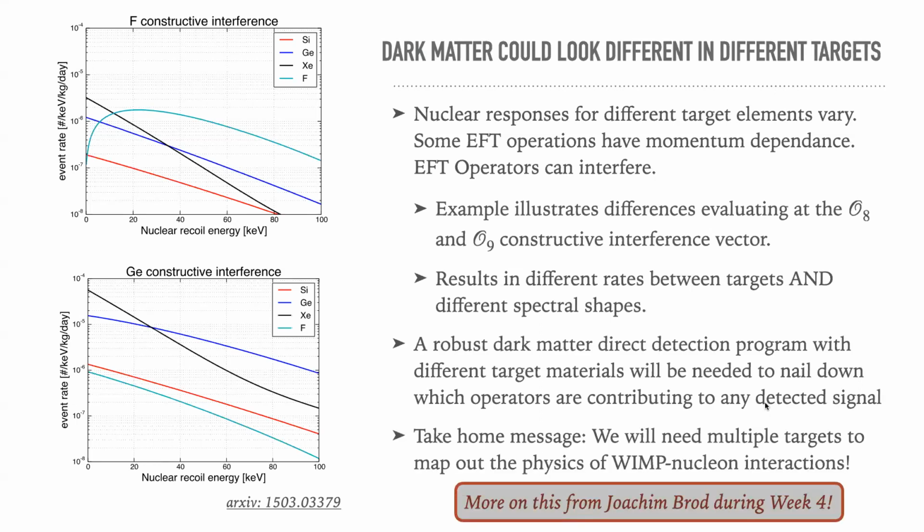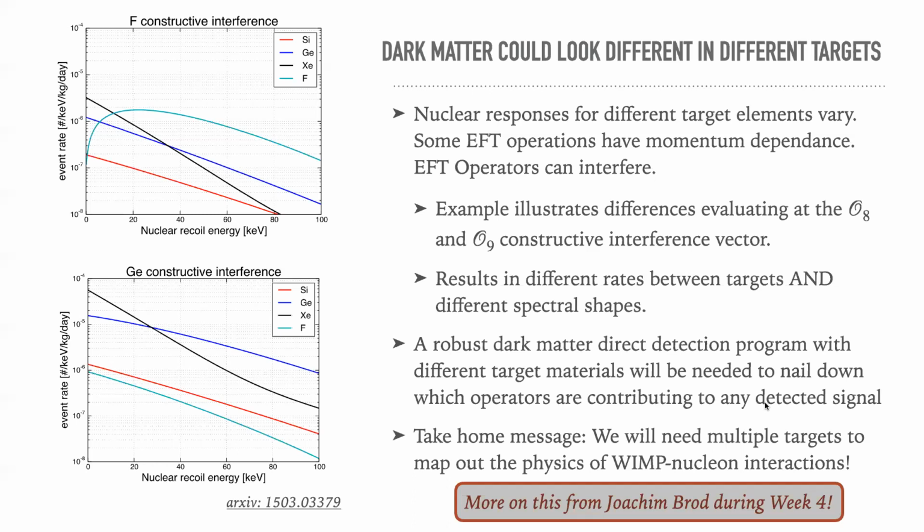Here are 2 examples that illustrate the differences of the 08 and 09 constructive interference vectors, for 4 different targets: silicon, germanium, xenon, and fluorine. This is essentially the event rate versus the nuclear recoil energy for these different operators.